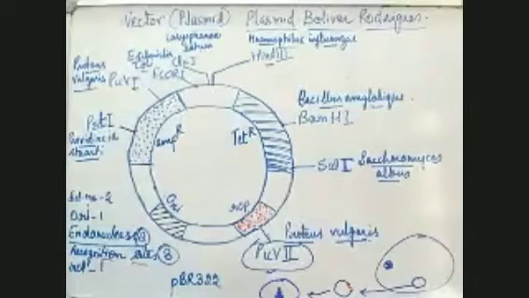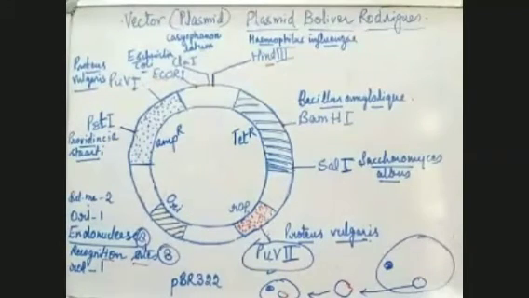So in the bacteria, these vectors, these plasmids, multiply in number, either along with the bacteria or on their own. And when the bacteria divide, because the rate of multiplication of bacteria is very high, they increase in number tremendously.